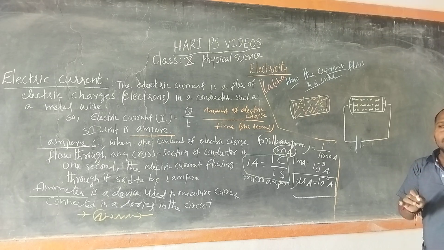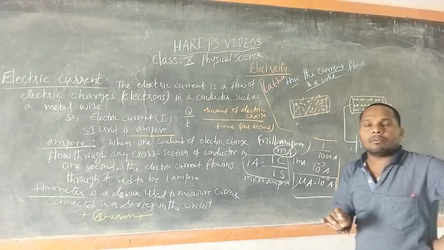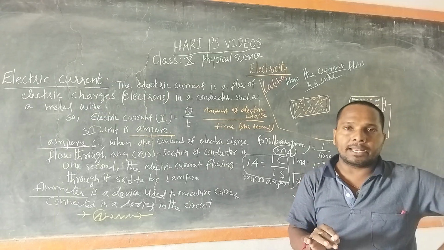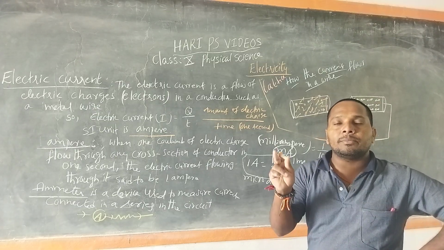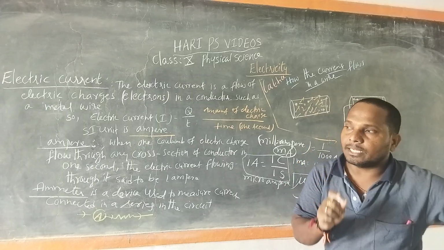So actually the direction of flow of electric current in an electric circuit is from the negative terminal to the positive terminal.